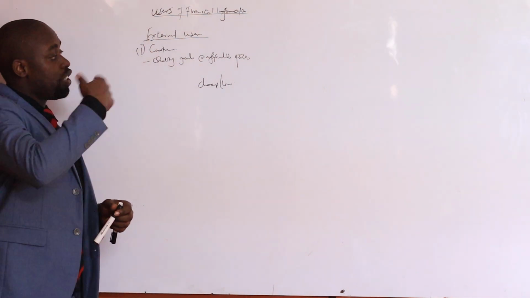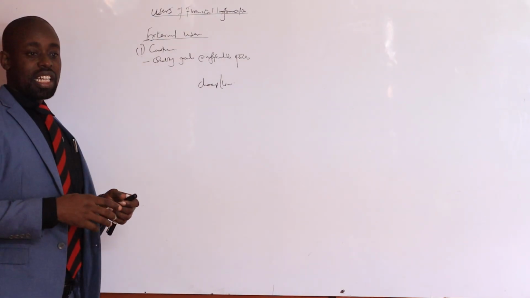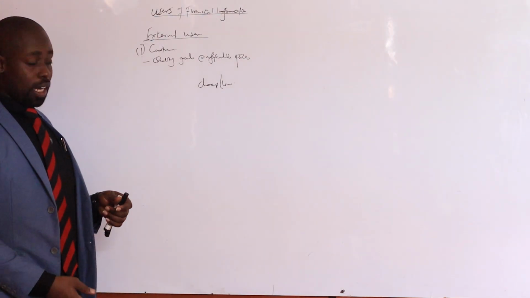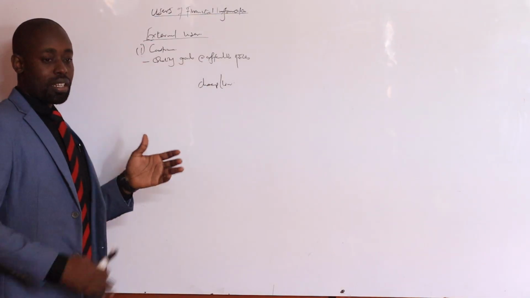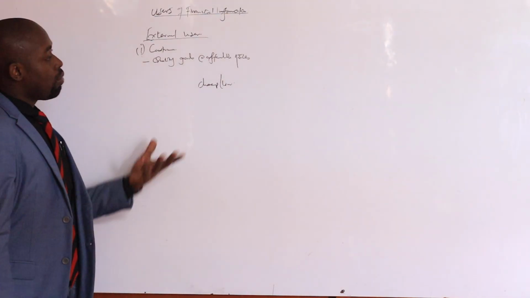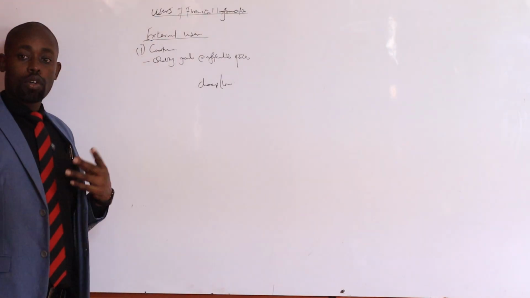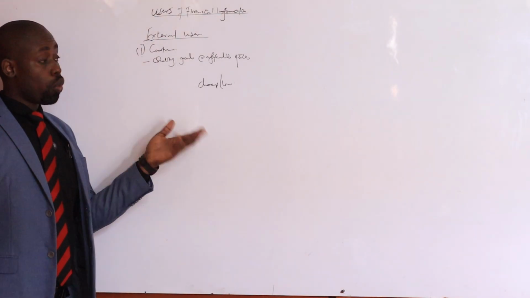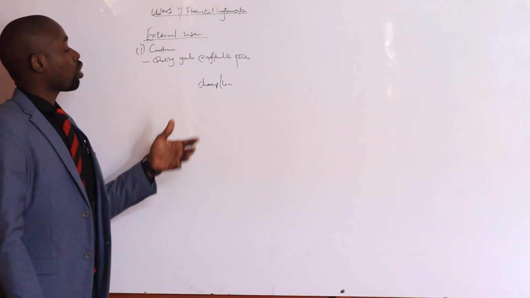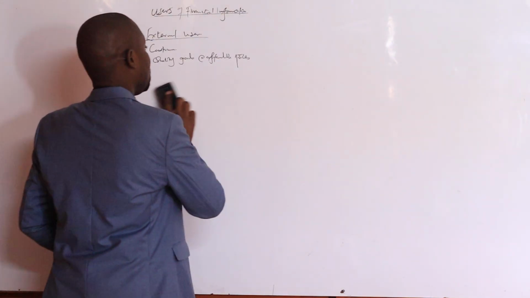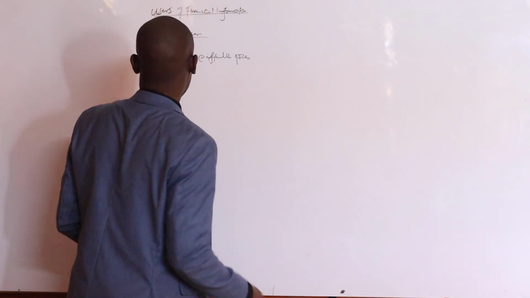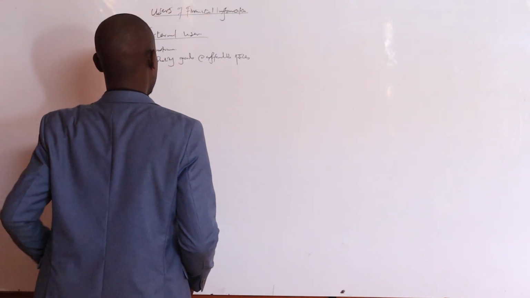The value of the shilling could be so much, but does it match the value of the product? So an affordable price is a price that matches the value. 1 million could be affordable if the commodity is worth 1 million. So talking of affordable doesn't mean what? Doesn't mean cheap. So that's the first need.